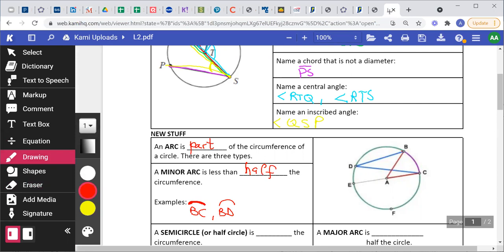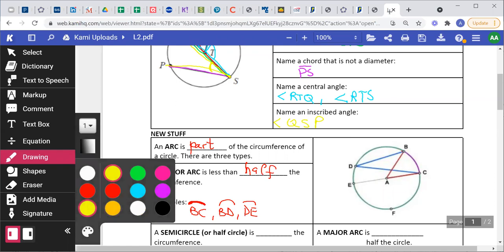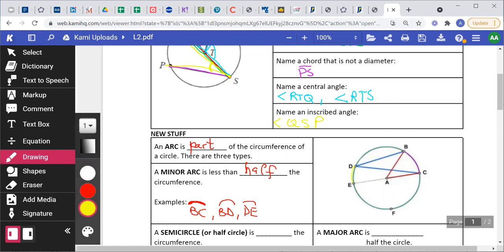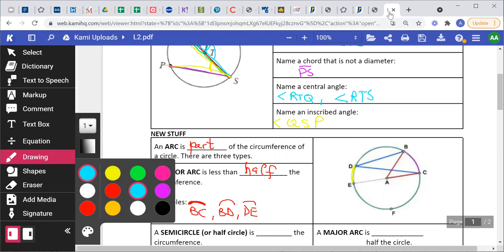We have several of them. We have DE as a minor arc as well, because BD is not half of the circle, and DE is also not half of the circle. This side here is not half of the circle. The green up here, let me change color for it.